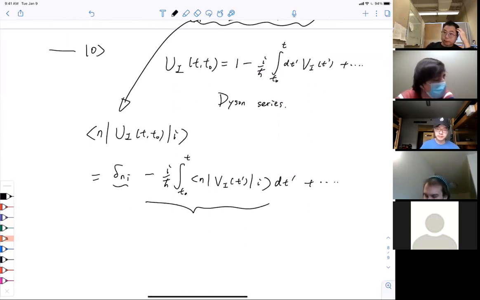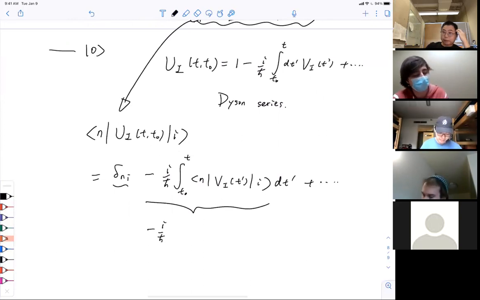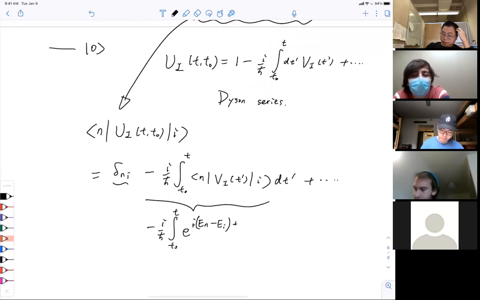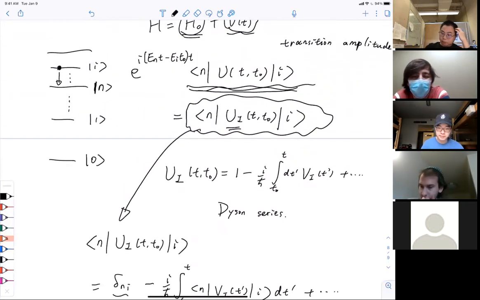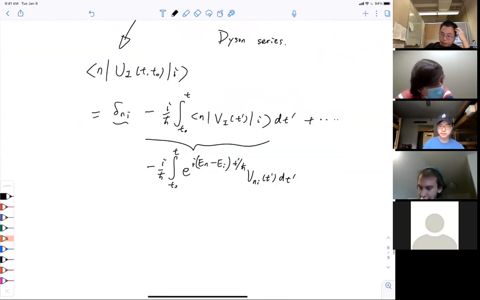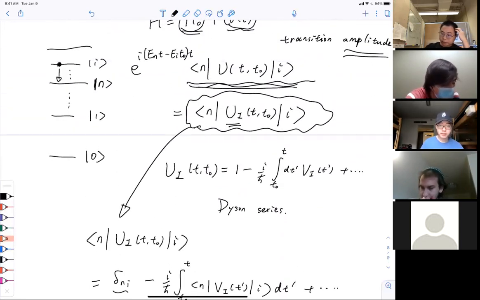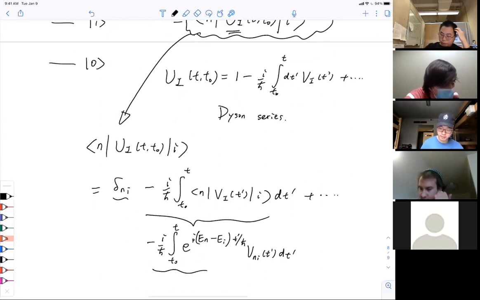And this whole thing can be simplified to some expressions that can be easily evaluated. So as you can see, to get this transition amplitude, we only need to do an integral.